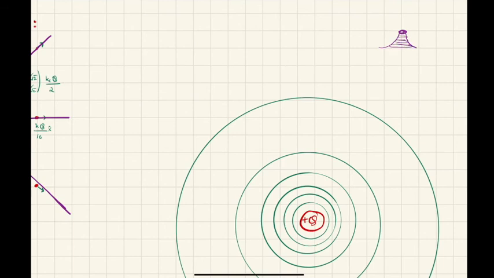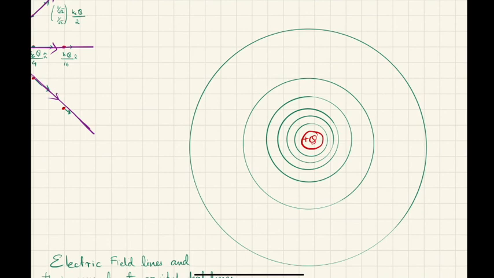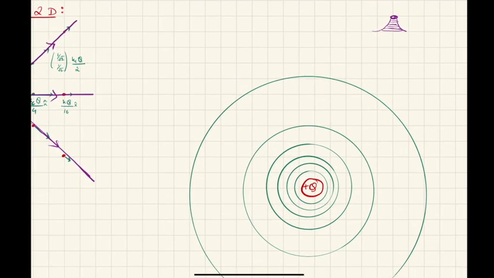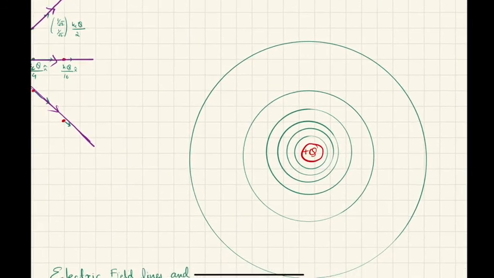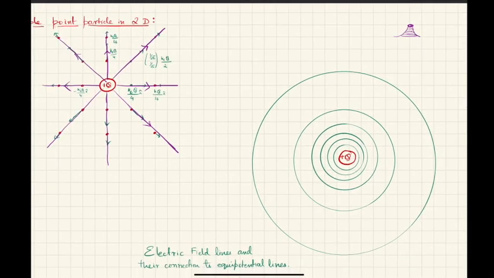These are lines of equal height or lines of equal potential, so equipotential lines, and when you look at this from the top-down view, it looks like these nice concentric circles.